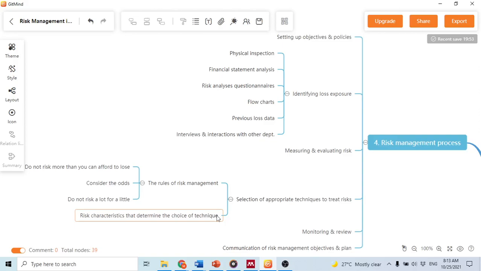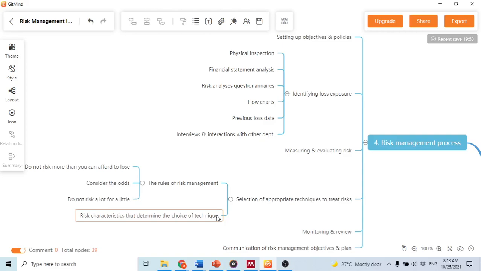But in the case where we have low severity but the frequency is very high, in this case we can take a retention approach or a reduction approach. The way that we can treat the risk is whether we retain the risk or we take reduction of risk.